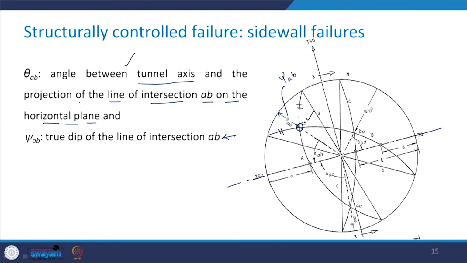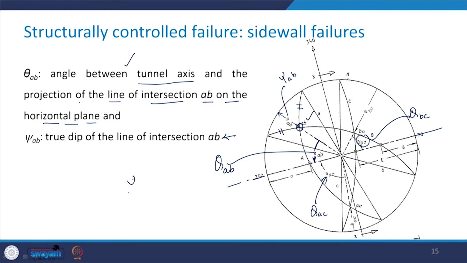So, the angle between these two is going to give me the angle theta AB. Similarly, I can find out the angle theta AC in this manner, and here this angle is theta BC.